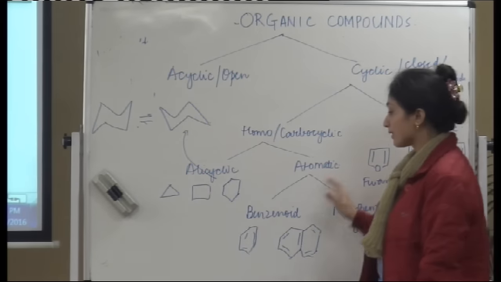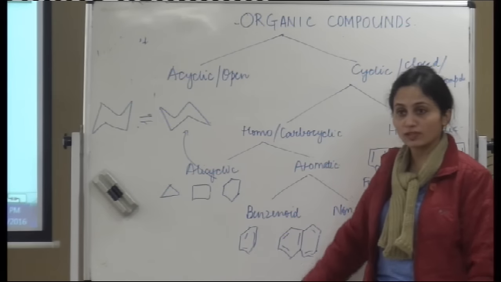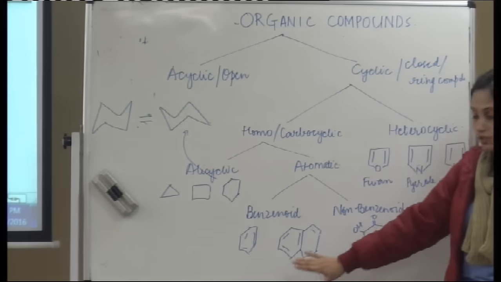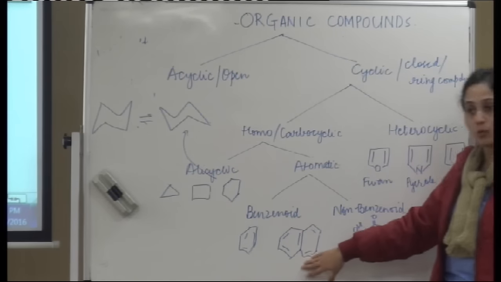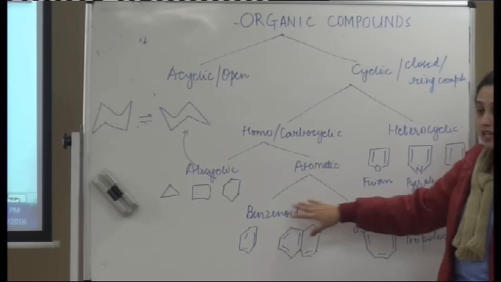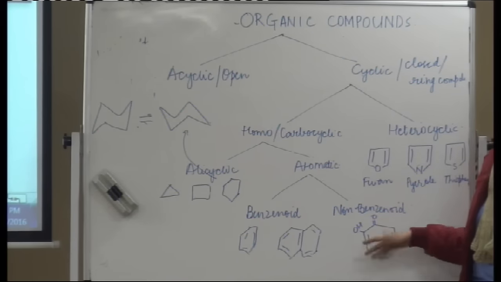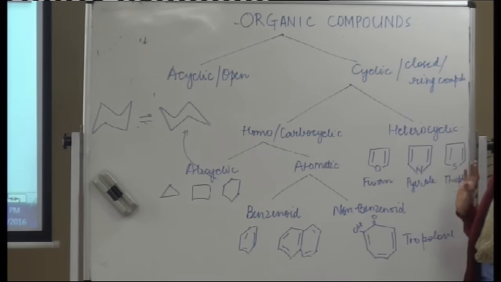Here you have two types, benzenoid and non-benzenoid. Since you are doing benzene in detail, you know the benzene structure. Anything which conforms to the benzene structure is a part of benzenoid, and whatever is aromatic in nature and not similar to the benzenoid structure goes in non-benzenoid. I've just given you one example.